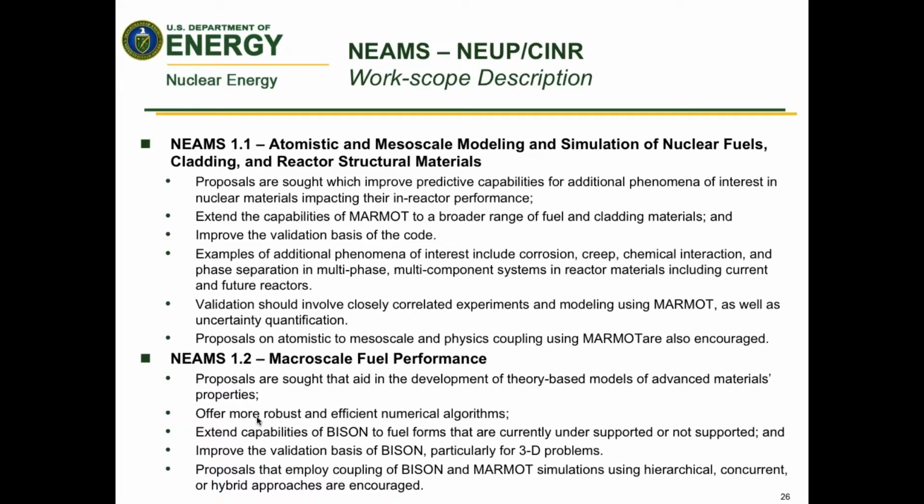I think here, as in the other scopes, we'd like to see proposals, if you're so inclined, that would couple capabilities. In this case, lower length scale to Bison. They basically use lower length scales to inform the engineering scale Bison. And as you can see, in running Bison and Marmot, they can be coupled in several ways, or in a combination of ways.